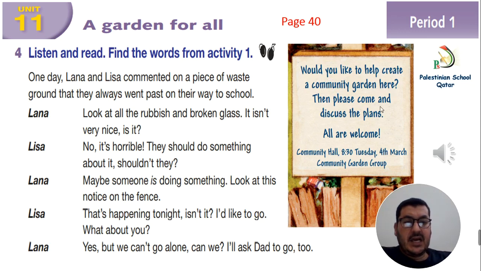Then please come and discuss the plans. All are welcome. Community Hall, 8:30 Tuesday, 4th March, Community Garden Group. So listen to the conversation, everyone. Unit 11, Period 1, Activities 3 and 4.